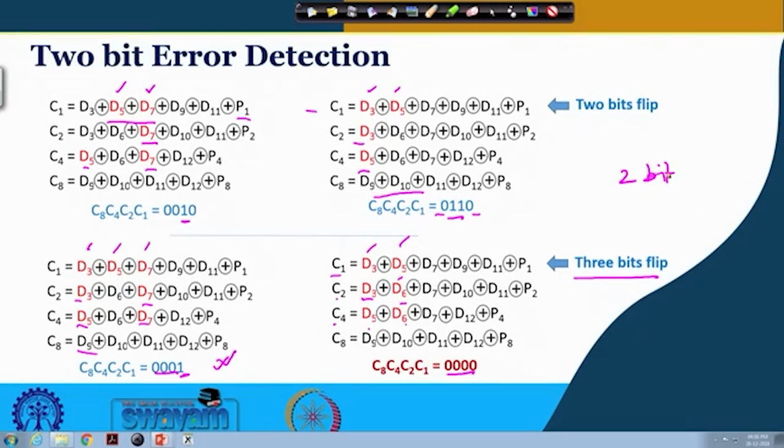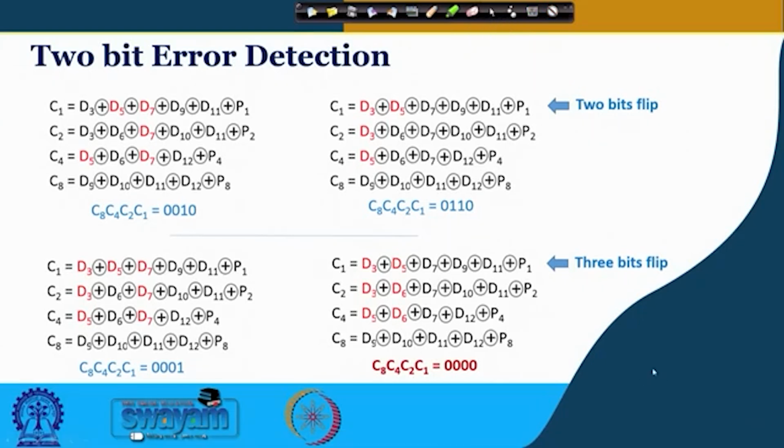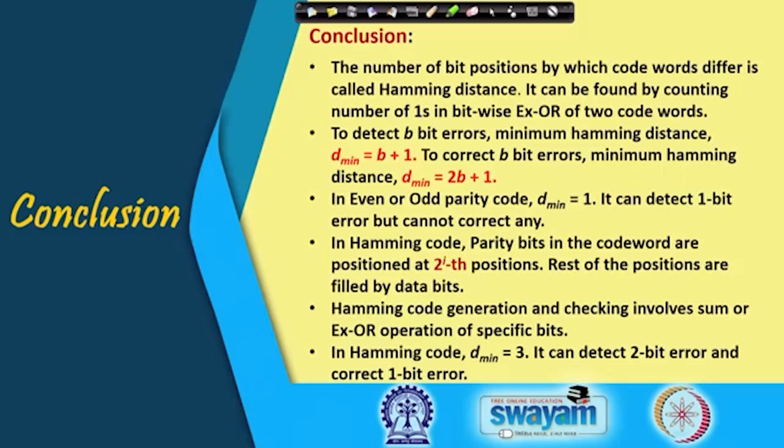The idea here was to give you a foundation, and how digital circuits can be made around it, and we have seen that these XOR gates, XOR relations are useful in this. To conclude, the number of bit positions by which code words differ is called Hamming distance, and Hamming distance is related to the number of bits it can detect as erroneous, or the number of erroneous bits it can correct.